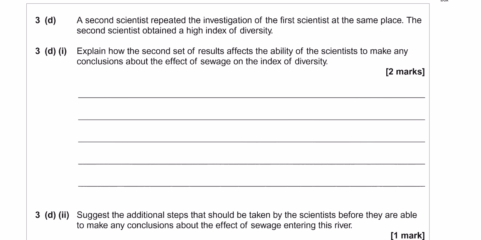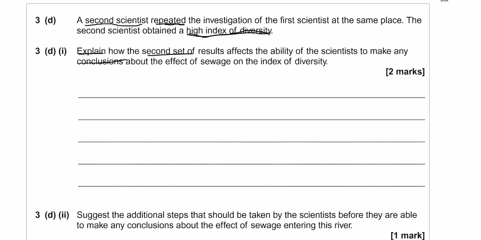7D is actually testing not your knowledge of apparatus and techniques, but how to do science, basically. It says that a second scientist, so someone different, repeated the investigation, that's a key thing. They obtained a higher index of diversity. The question is, explain how the second set of results affected the ability of the scientist to make any conclusions.